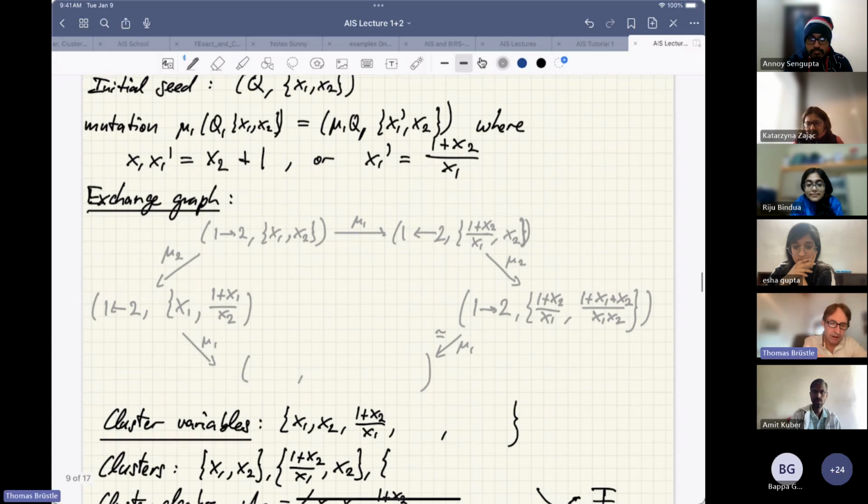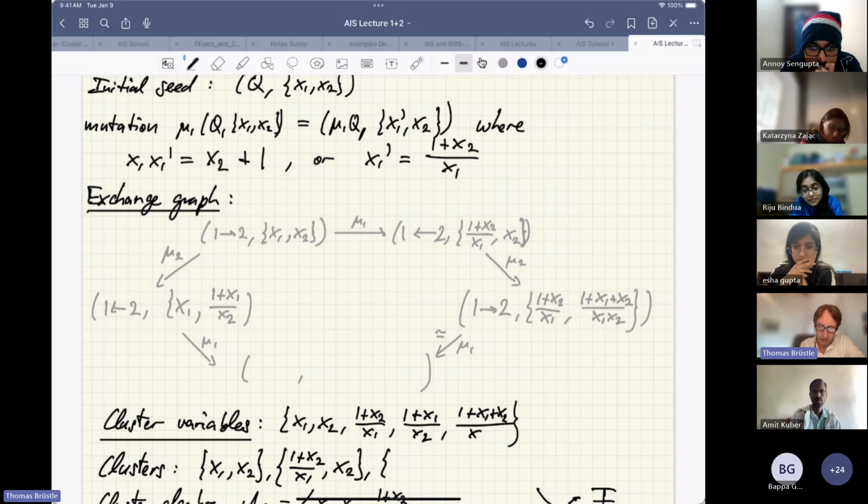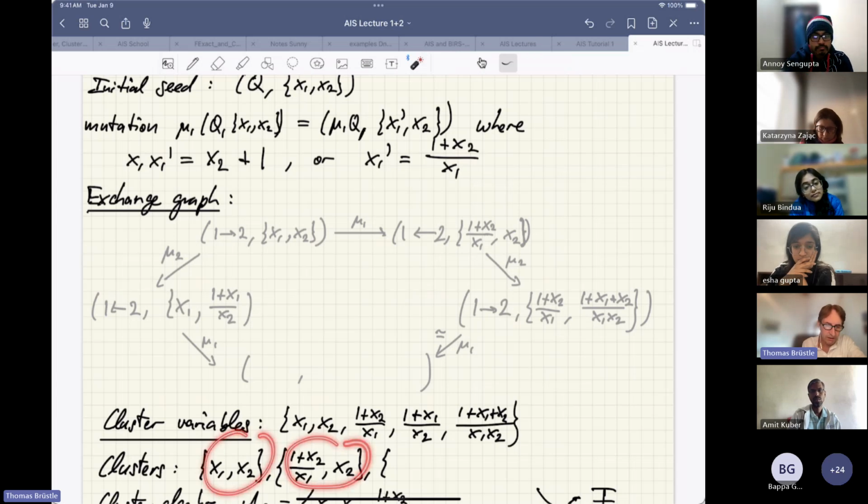So what are the cluster variables? I can keep track of the cluster variables. We got x1, x2, 1 plus x2 over x1. We got some more. I just calculated 1 plus x1 over x2, and we got 1 plus x1 plus x2 over x1, x2. And the clusters, I should also fill in this information. What are the clusters? We computed this cluster over here.